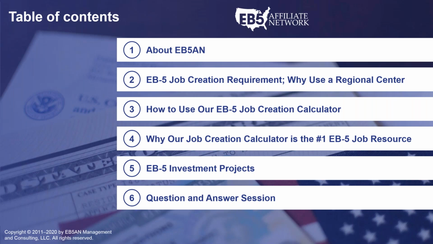And then we'll talk a little bit more about the calculator and why we believe it's the most effective free EB5 job resource available. Then we'll spend a few minutes talking about 2 exciting EB5 investment projects that are available today. And then we'll open it up for a question and answer session at the end.